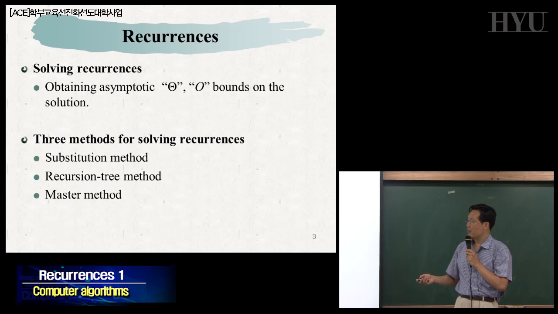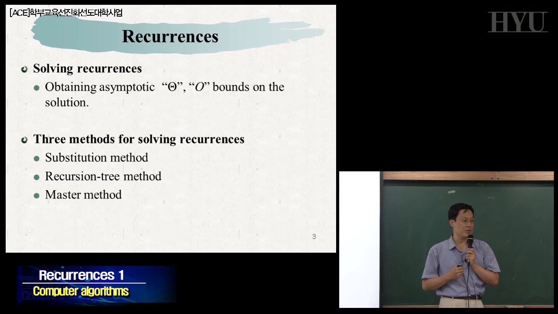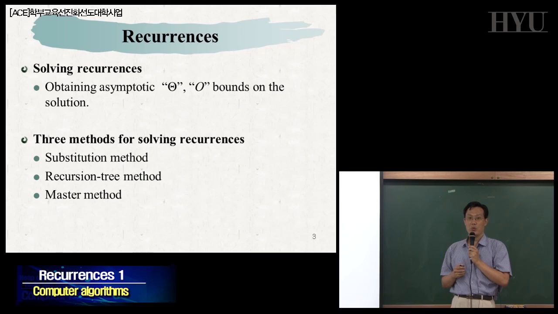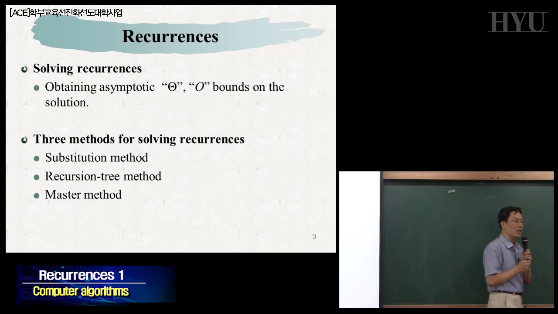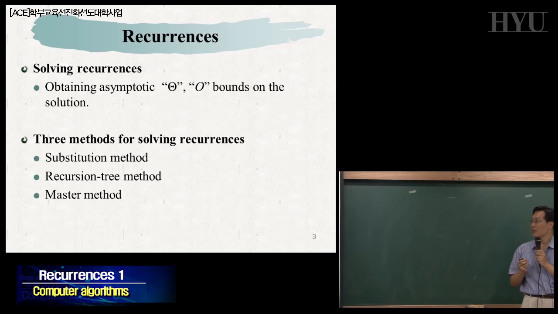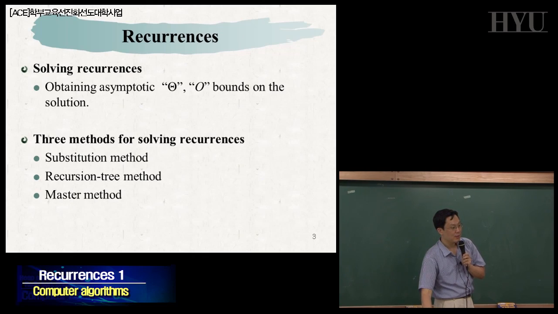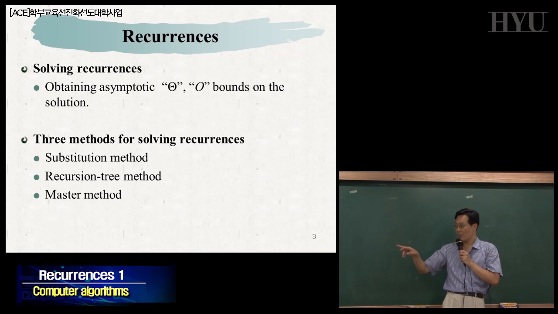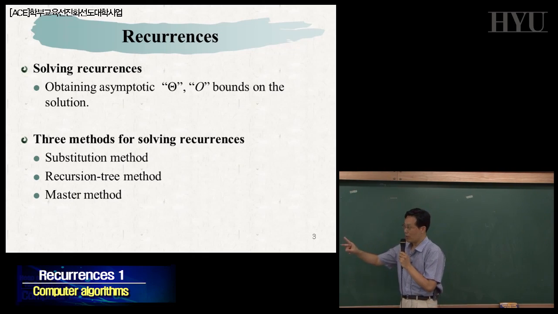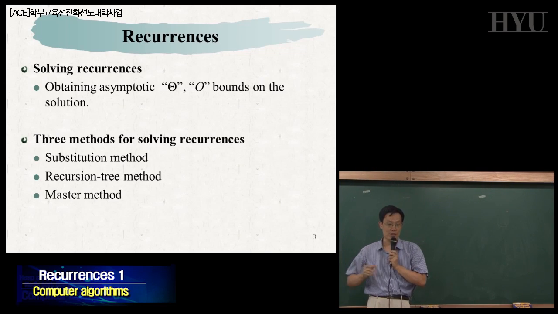And there are three methods to solve recurrences. First one is the substitution method, and the second one is the recursion tree method, and the last one is the master method. But I will not explain the master method. I'll explain only the first two methods.